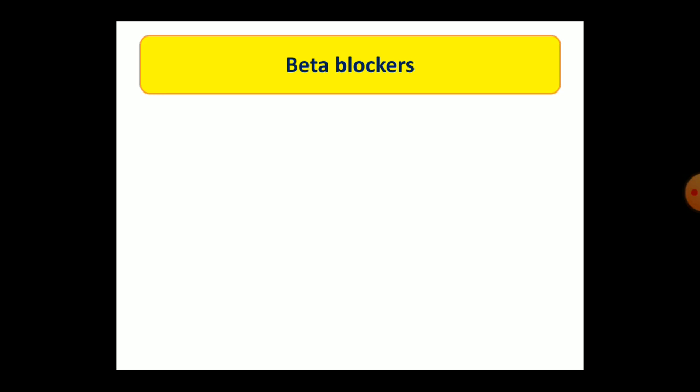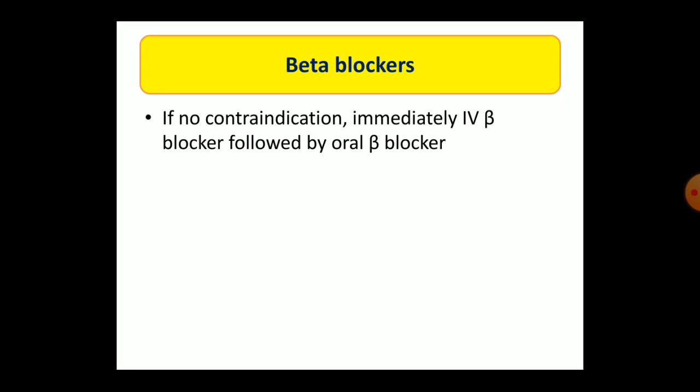It is not like you first give this, then second you give this. No, because it is an emergency condition, simultaneous administration of all these agents will be done. Now, if not contraindicated, beta blockers must be given immediately, initially IV followed by oral.